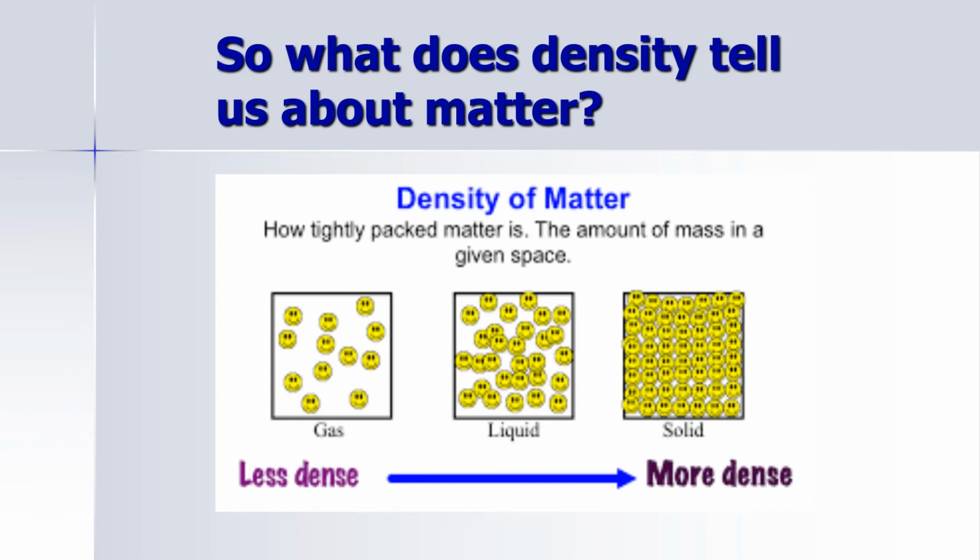So the more particles a substance has packed together, the more dense it is. Solids are very dense because they have a lot of particles packed together. Gases, on the other hand, do not have a lot of particles, and they are split in different places, very far apart from each other, which is why gases are less dense compared to solids and liquids. Liquids are kind of in the middle.